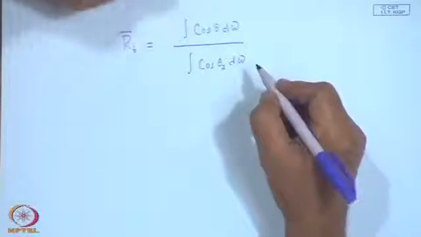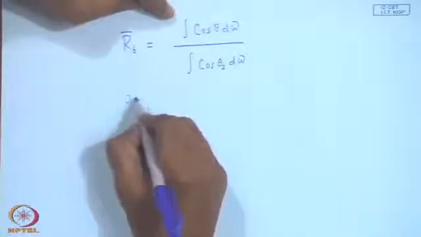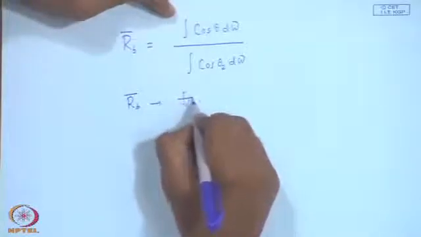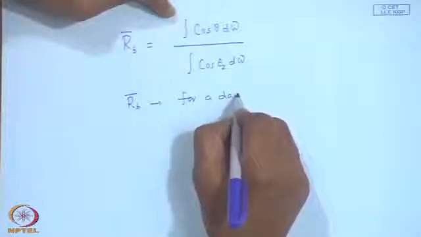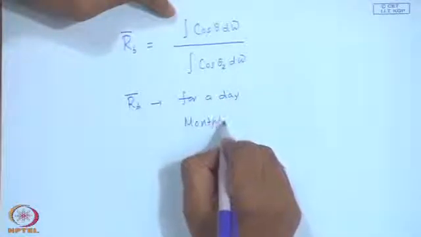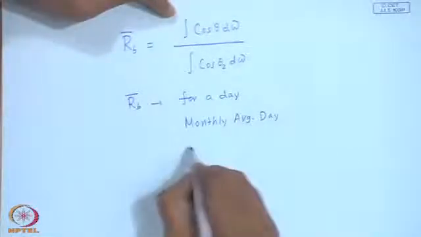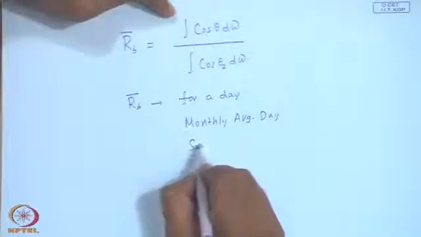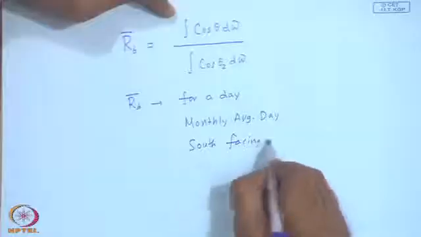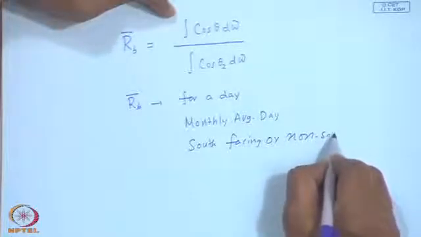So, before we proceed to examine this, in fact, even R B bar can be for a day, then a monthly average day, and it could be south facing or non south facing.